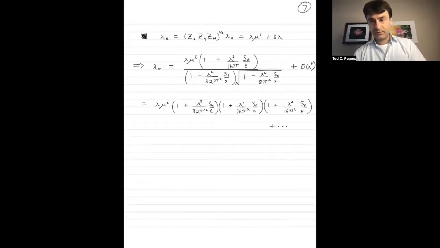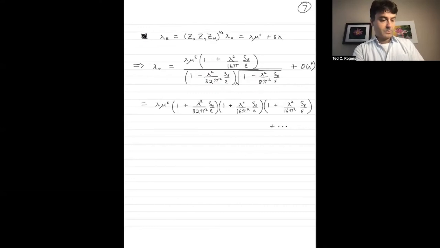Then it's just a matter of expanding or simplifying. You can immediately see that, having this in the denominator, if I'm only worried about stuff up to order lambda cubed, then I can put that in the numerator and just change the minus sign to a plus sign. Similarly, for this stuff under the square root, I can put that in the numerator if I just change the minus sign to a plus and include a 1/2 right here to account for the square root.